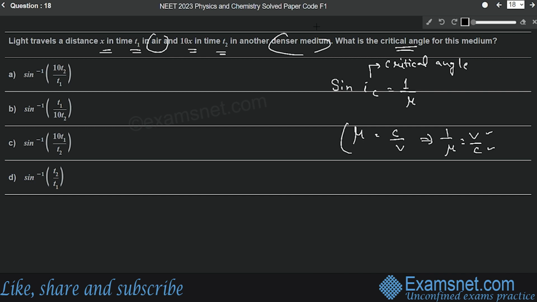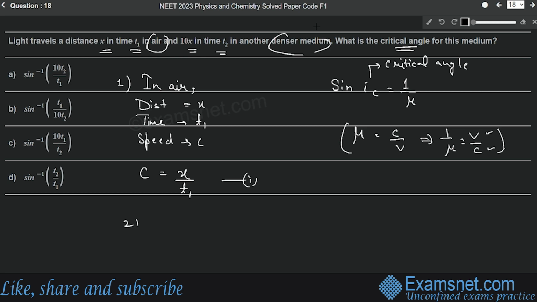Okay. So in the first case, it is given that light travels a distance x in time t1 in air. So in air, the distance traveled by the light is given as x. Time is given as t1, right? And we know that the speed of light in air is c. So we can write that the speed c will be equal to distance upon time, that means x by t1, right? So this is the first case.